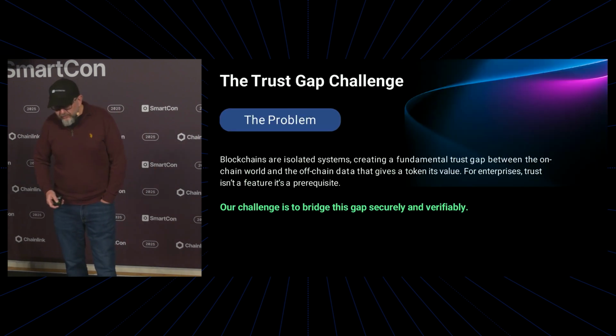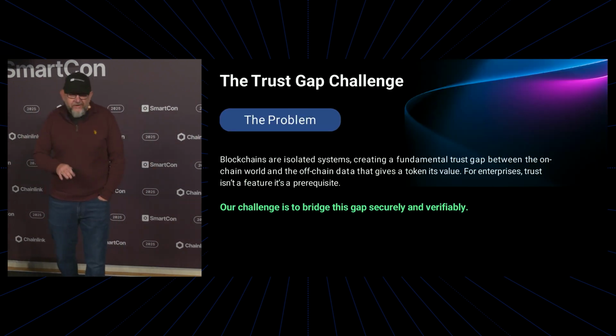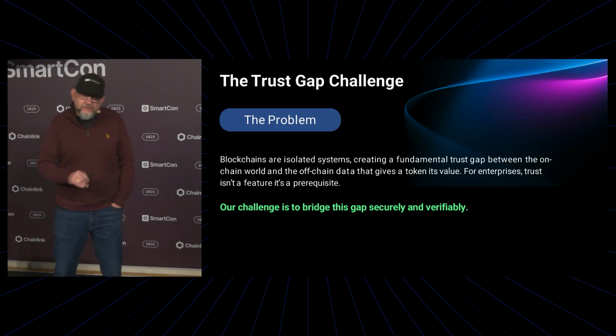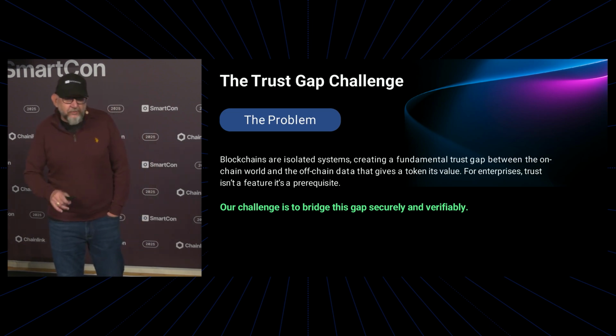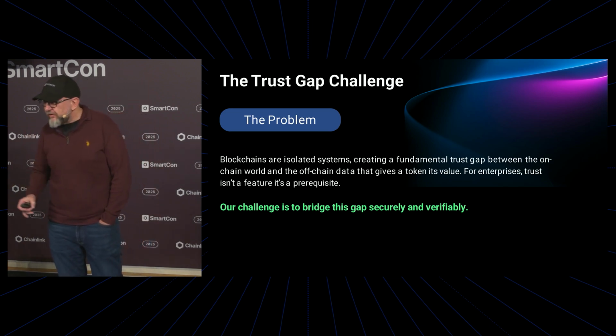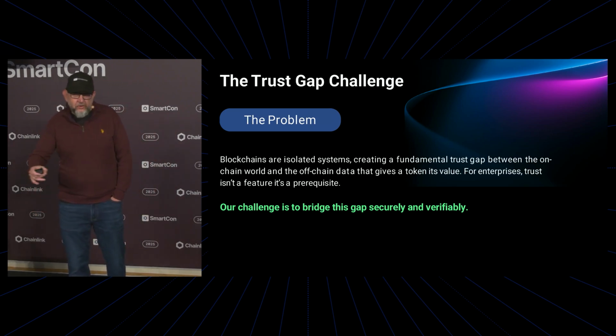on chain. One of the problems that we've seen, having been in this for a very long time, is that blockchains are isolated systems. The data that supports the asset actually does not sit on a blockchain. It sits in a treasury management system, on a general ledger, on a sub ledger. It is somewhere in the ecosystem that is not associated with the on-chain activity.